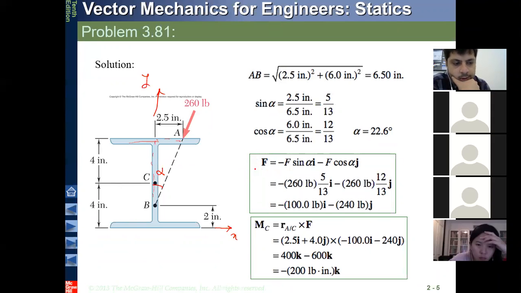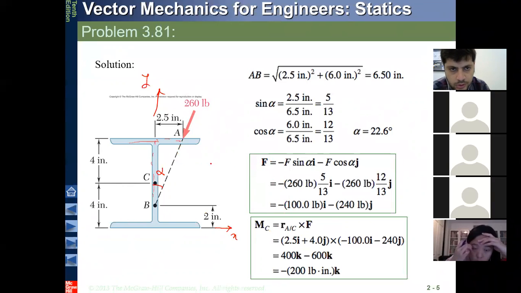So you're going to have F as the summation of two components in the x and y direction, which would be minus 260 pounds times sine of alpha, and you can get the signs by just watching the force. It is in the minus x direction and minus y direction, so both components are negative.